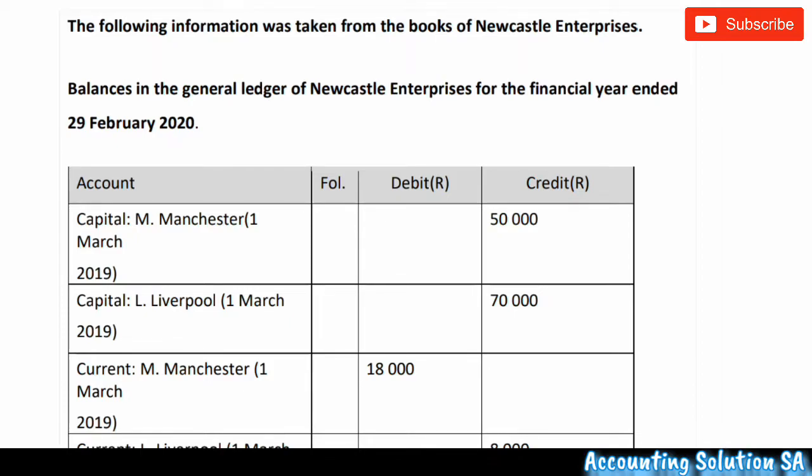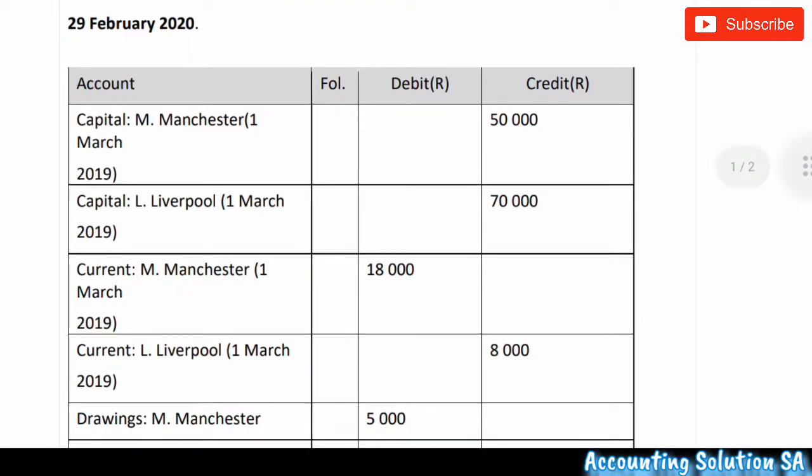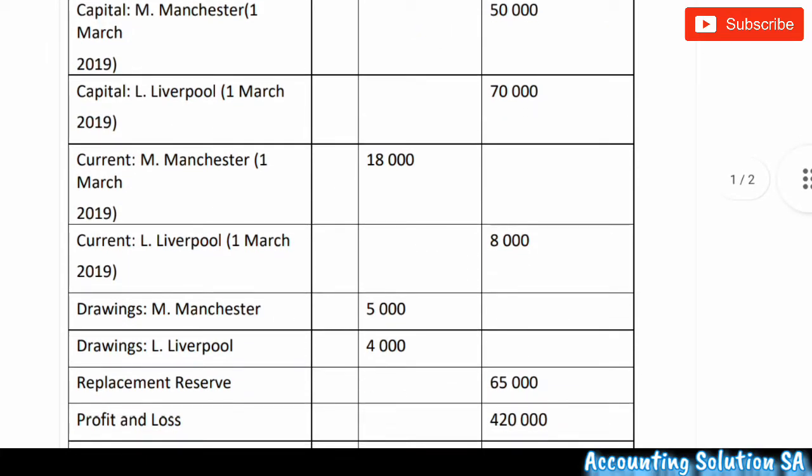Under the balances that we've been given, we have the capital of partner A, which is Manchester, and partner B, which is Liverpool. We've been given a capital amount for both partners, and also a current account balance on 1 March 2019 for both partners.